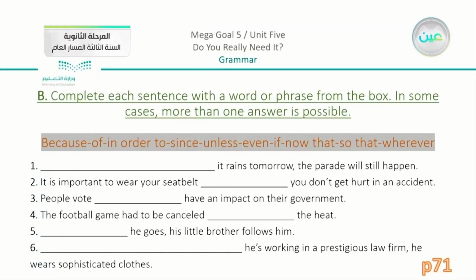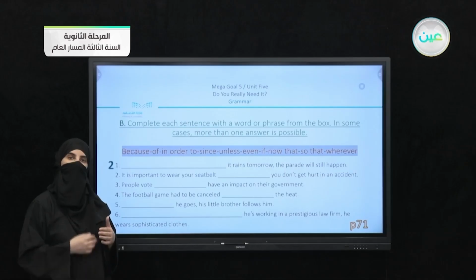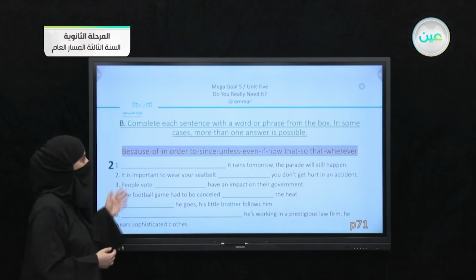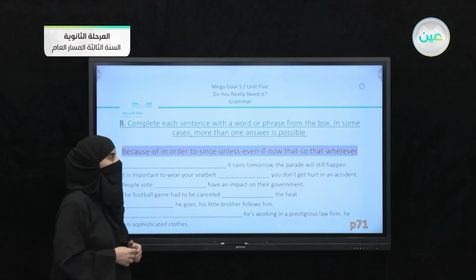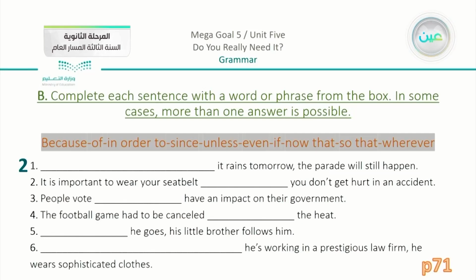Now, in number 1, we actually have 2 conjunctions that are suitable. We're going to read. We have here, it rains tomorrow, the parade will still happen. So we have something as a condition here. Now, I can say, even if it rains tomorrow, the parade will still happen. So this can be a choice.